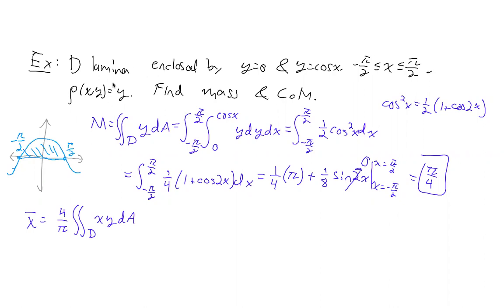So that means that on one side, x is going to be negative, but on the other side, x is going to be positive. If you fix y, if y is a particular value, one side of x is going to be negative, the other side of x is going to be positive.